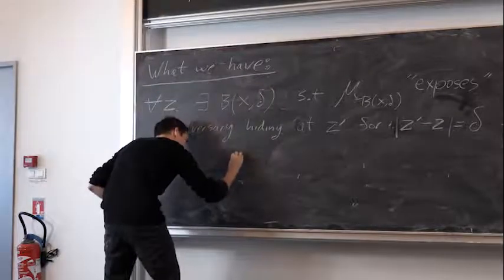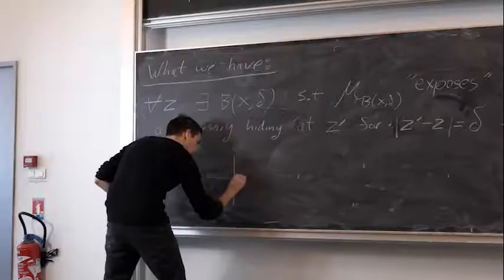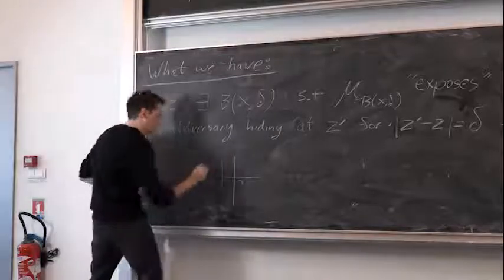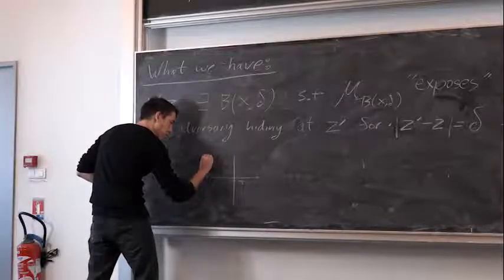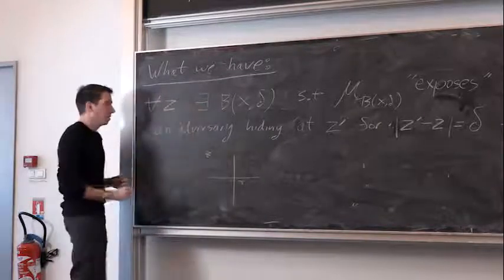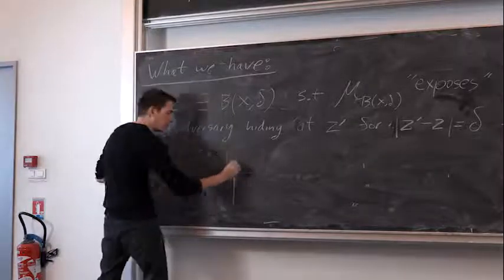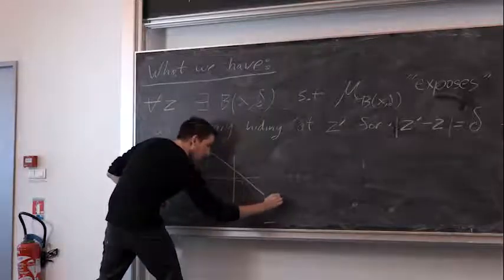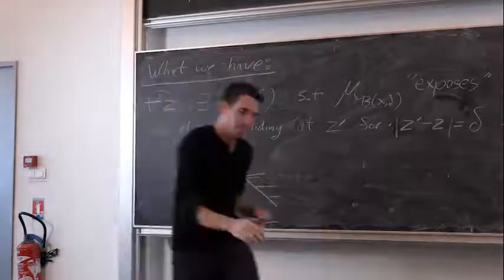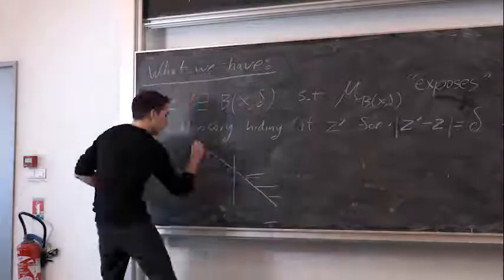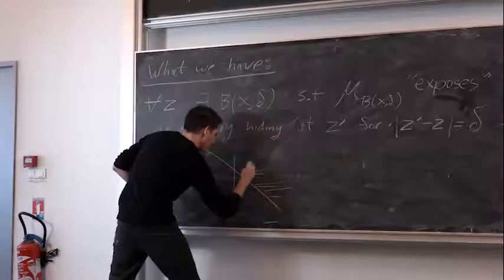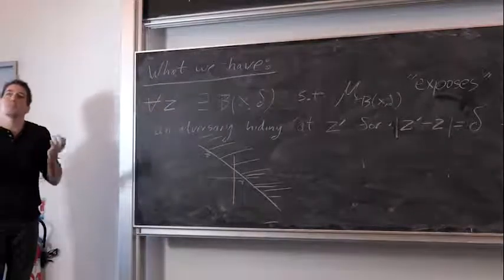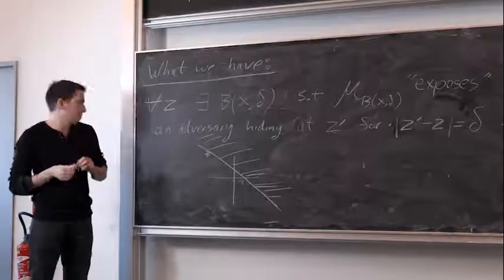So if this is our space, then I know that for every point z, there exists some half space which almost touches z, which can be exposed if the adversary hides there.